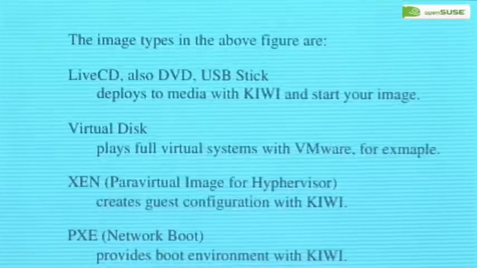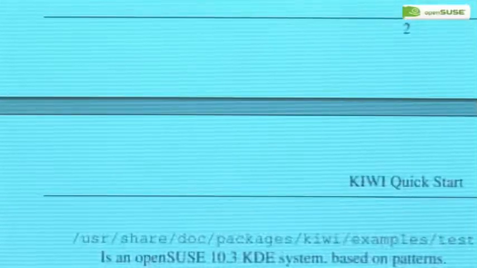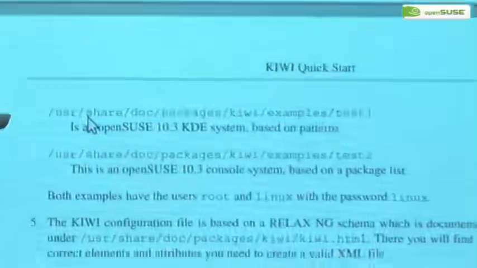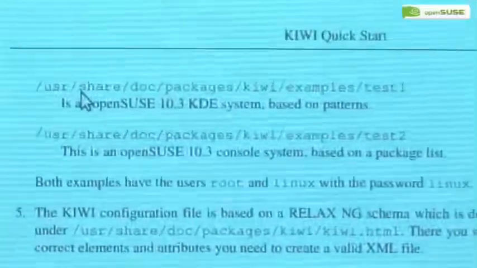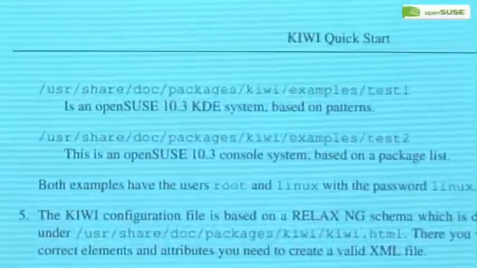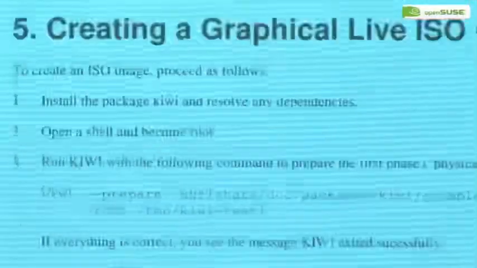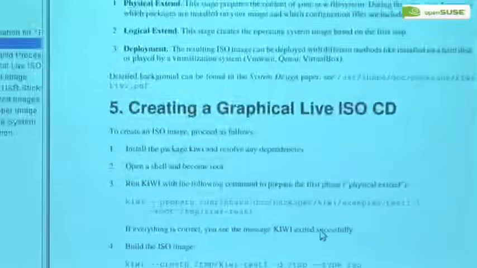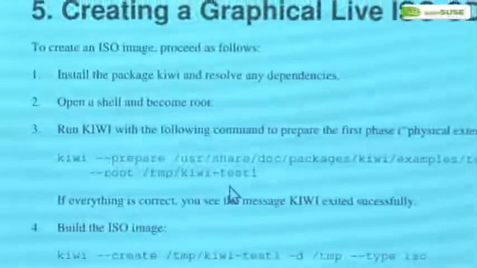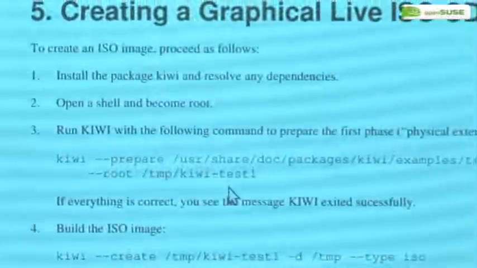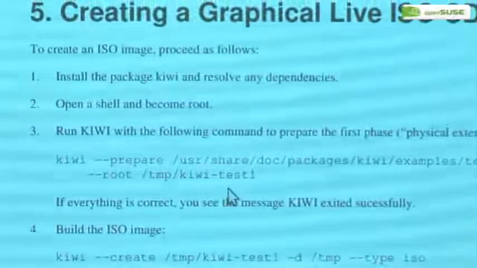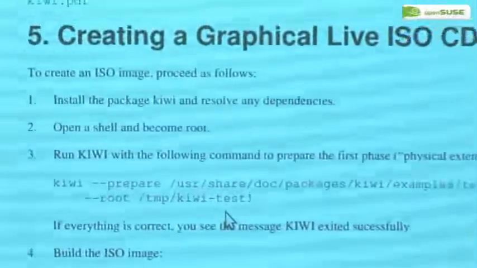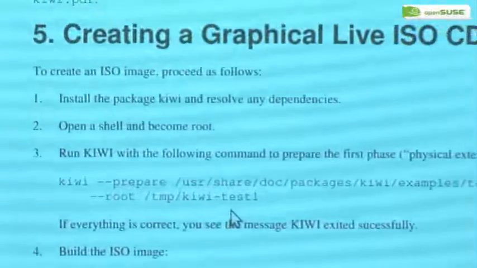And it has some sample calls that you can execute. For instance, he shows these two examples, which you already have installed, and you can just go there, use these configs and run the commands, which you find in this documentation, namely these. And this should work if you have a valid installation source. So it's pretty straightforward. Just take a look at this quick start guide and get started.